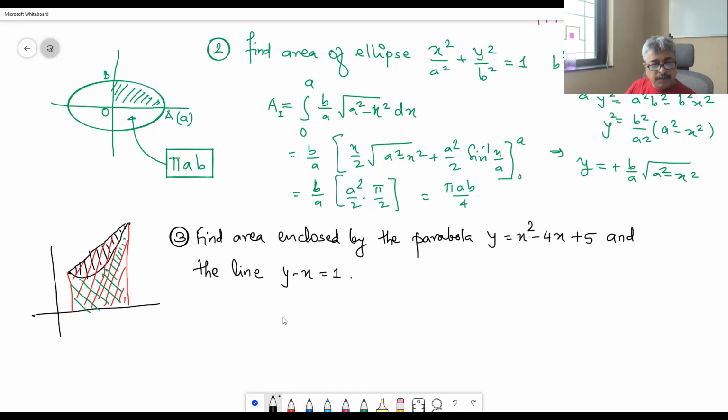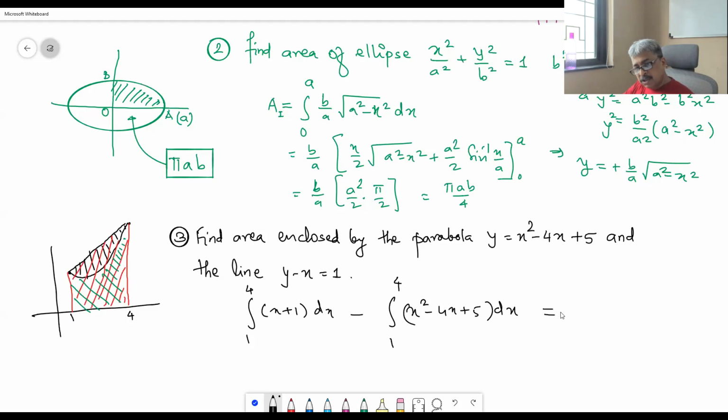Okay, therefore integral 1 to 4, this is 1, this is 4, you need to solve them simultaneously and you get this. X plus 1 is the first function, integral 1 to 4 x square minus 4x plus 5 dx, and I think they are the simplest possible functions that you can come across.